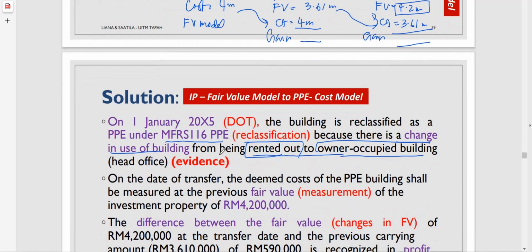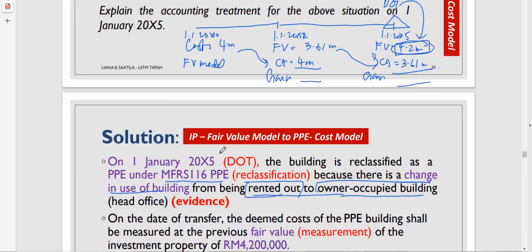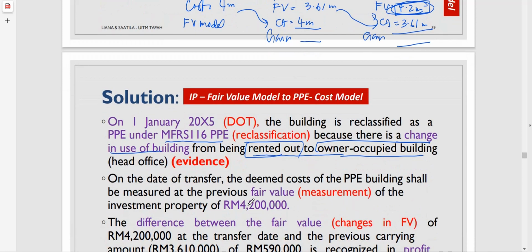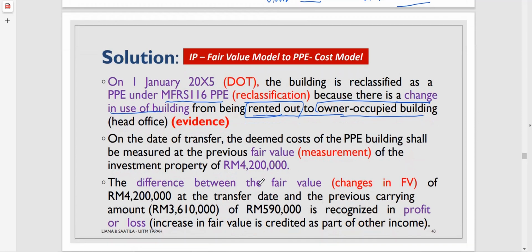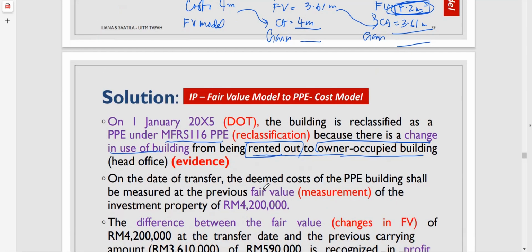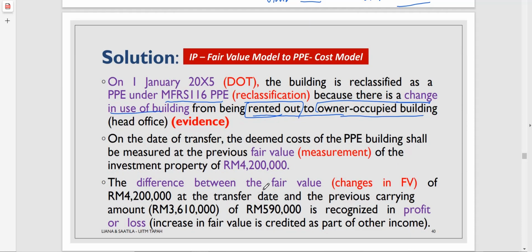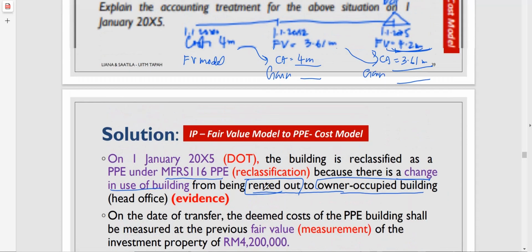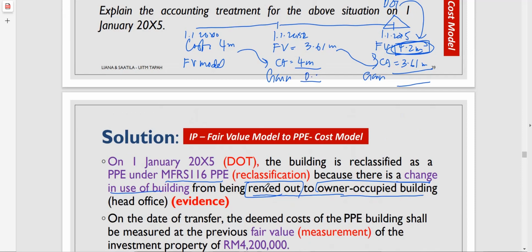On the date of transfer, the deemed cost shall be the fair value of the investment property on the date of transfer. This fair value on the date of transfer will be the cost or the carrying amount of the building as PPE. The difference between the fair values, 3.61 and 4 million, would be shown as 590,000 here, 0.59.